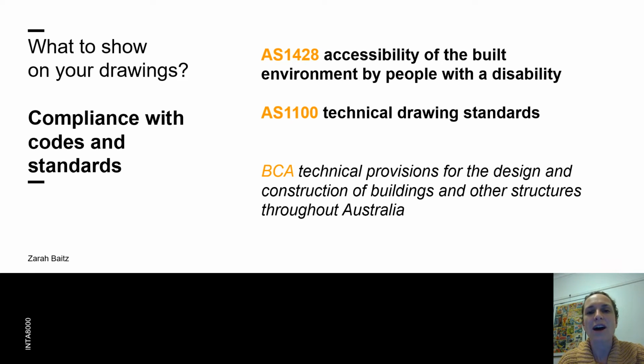BCA will tell you how wide particular corridors and doors should be, how many pans you need, how many basins you need. So we'd like to see that you're bringing that research through from DP7 into DP8. And if you haven't done it, you'll need to be doing it in DP8 and evidencing it in your spaces and in your documentation drawings.